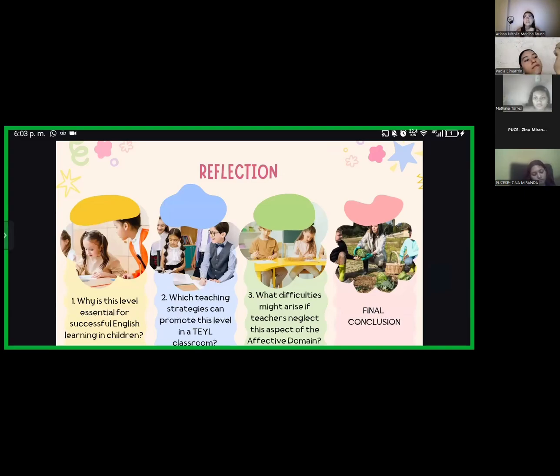When students are respectful, responsible, empathetic, and cooperative, they feel more confident to participate and also to communicate in English. As a result, the classroom becomes a safe and more supportive environment where meaningful learning can take place.